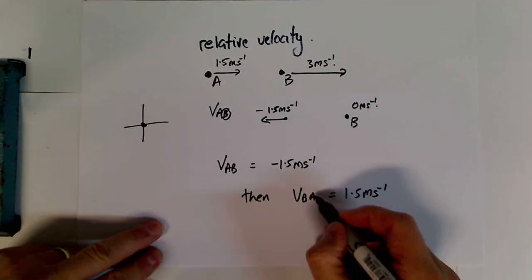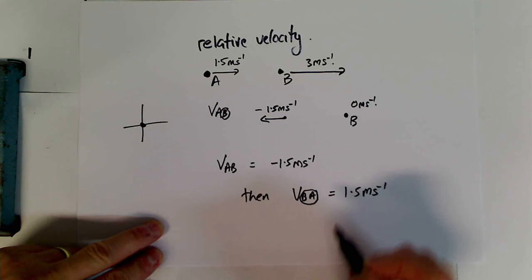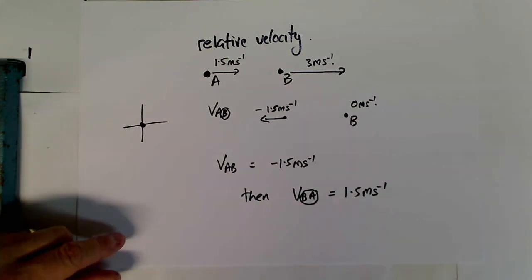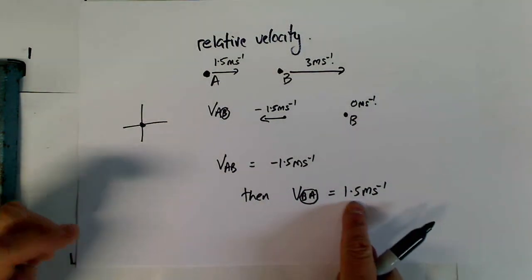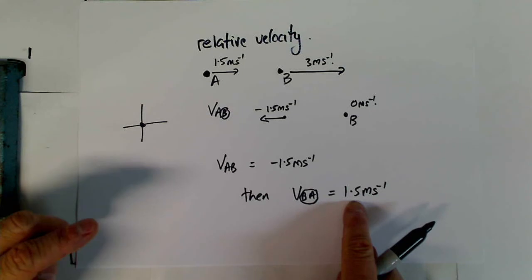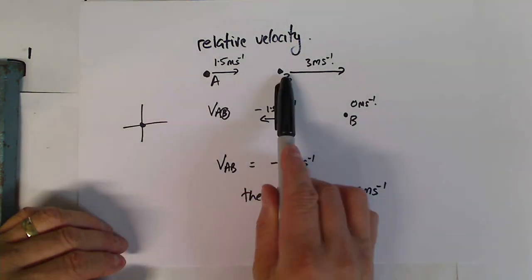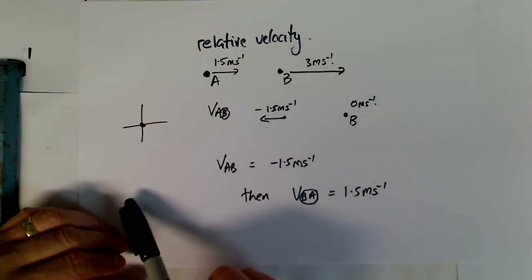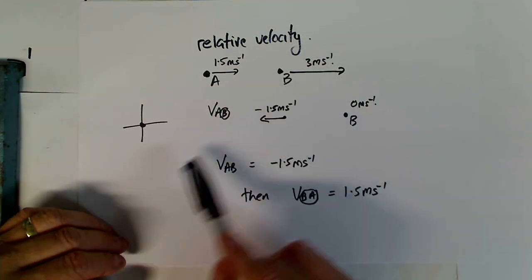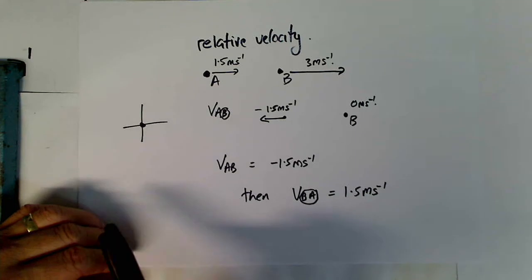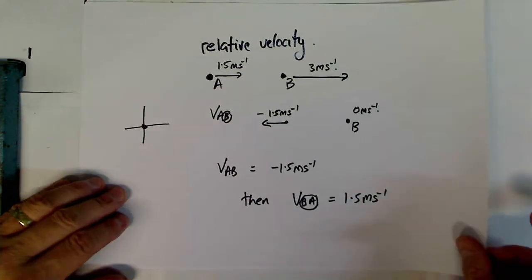So when you rearrange these and put them around the other way, you just change the sign on the magnitude. If A's velocity relative to B is minus 1.5 meters per second, then B's velocity relative to A must be plus 1.5 meters per second. So that's the simple approach to relative velocity.